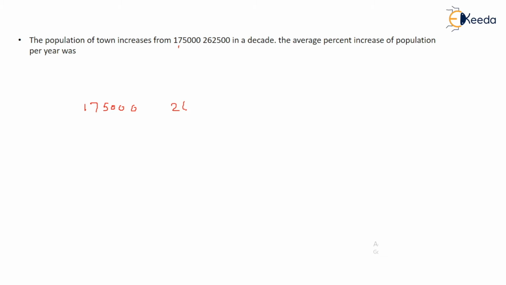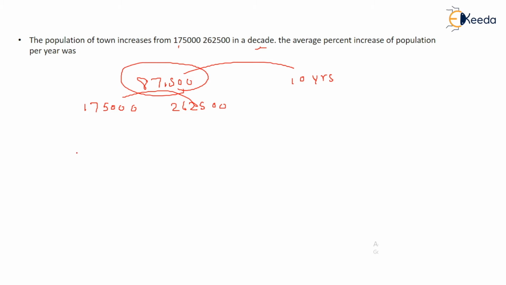This increment is of 87,500. Okay, and in a decade it happened, meaning in 10 years this happened. In 10 years this much population grew.